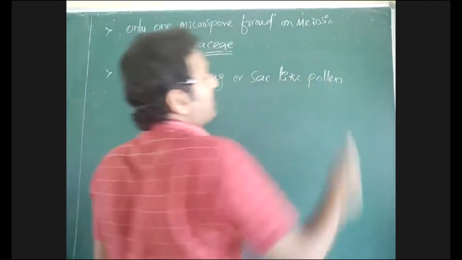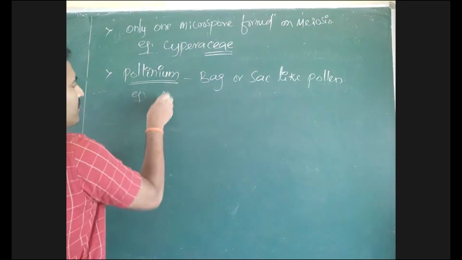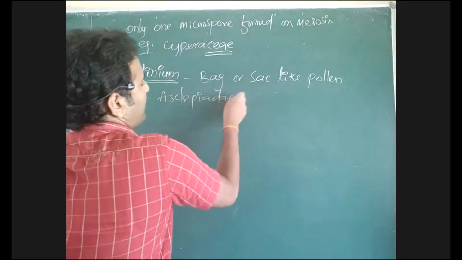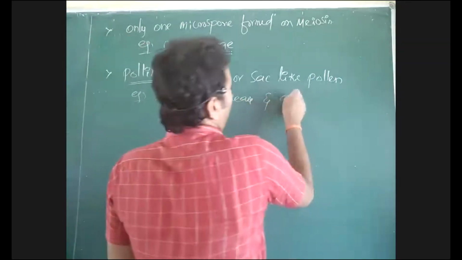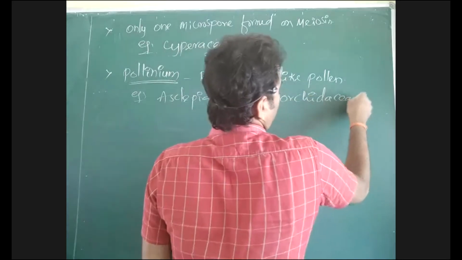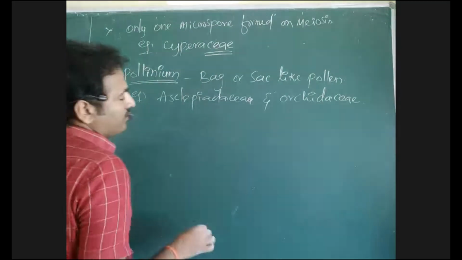The pollen grains are developed in bag or sac form, and that is said to be pollinium. We can see this in members like Asclepiadaceae and Orchidaceae.